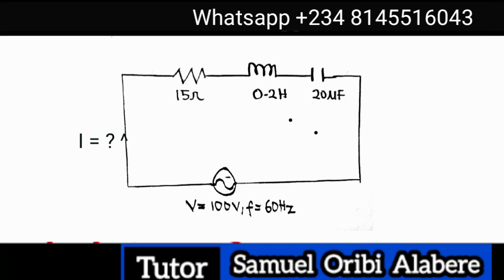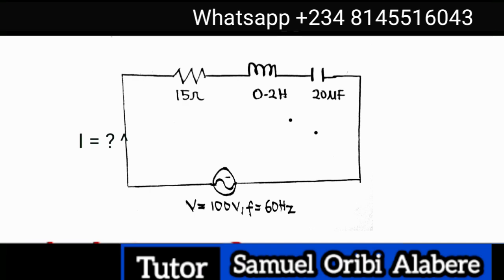Then we are expected to find the capacitive reactance, which is the opposition caused by a capacitor in an alternating current circuit.